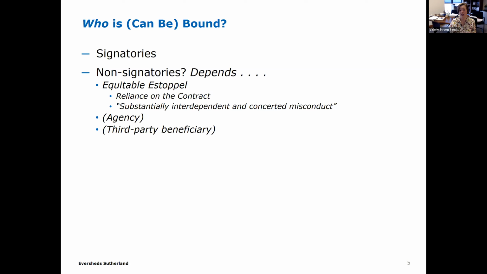You can advise your client how this is likely to play out. And if you find yourself on the other side of it, as a defendant, either with an arbitration agreement or maybe without one, but you read the complaint and you say, okay, but the claims against me seem to have a lot to do with this written agreement, get a copy of it, even if you didn't sign it, and see if it has an arbitration agreement.